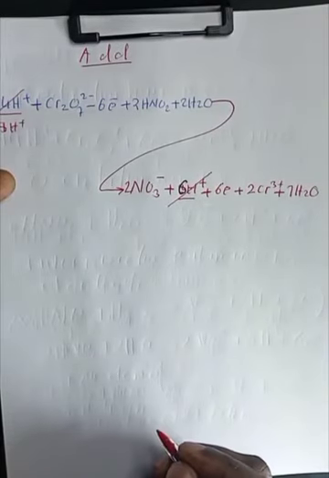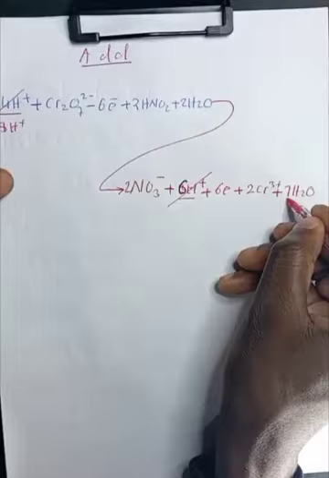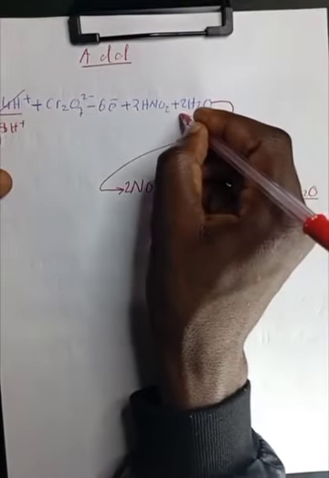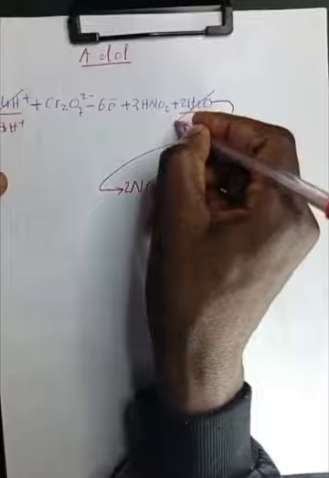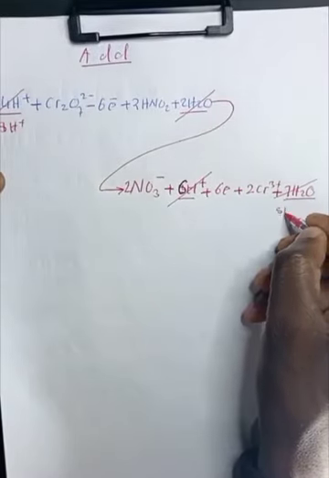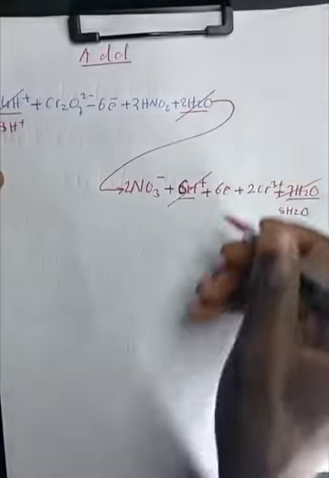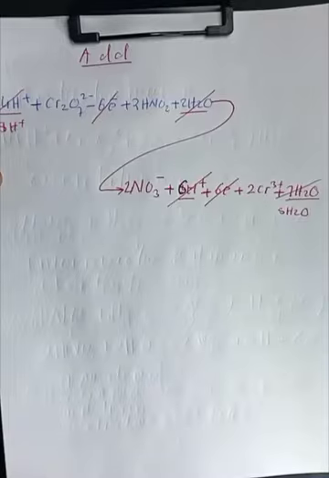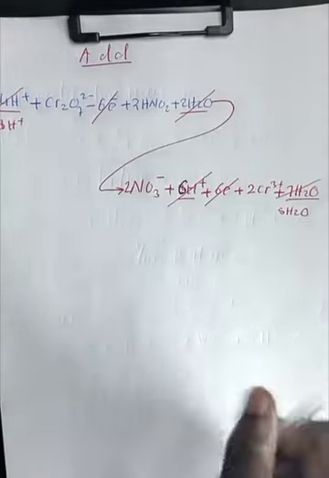Then we come to H2O. We have 7 water molecules here and 2 water molecules there. The smaller will go, the bigger will be reduced, so you remain with 5 H2O. Again, we check, we have 6 electrons and then 6 electrons, so everything common has disappeared.